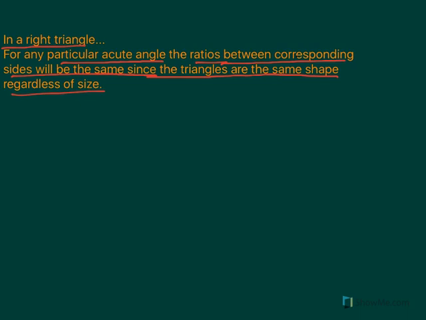So what we're saying here is if we have two triangles that have the same angle but they're just different sizes, so let's say we had a smaller triangle, and we'll look at angle theta. So we'll give that a name. We often use theta to represent an unknown angle.